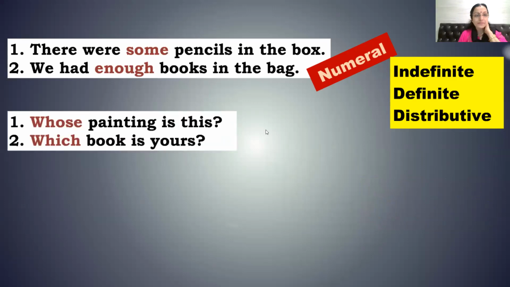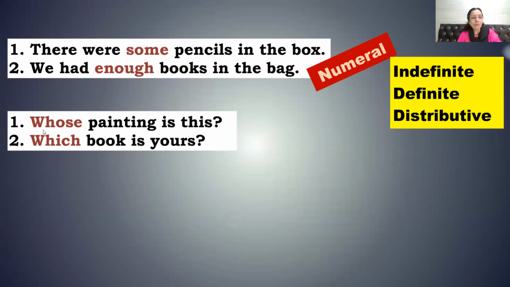Okay, next one. Whose painting is this? Which book is yours? Because you know, these are all asking questions. So, interrogative adjectives. Now look at this. I'm going to ask you one thing. Whose painting is this?